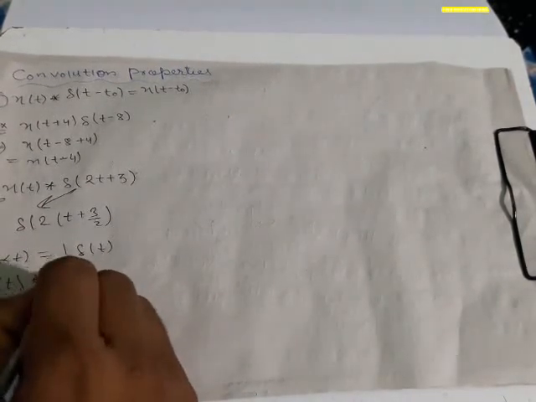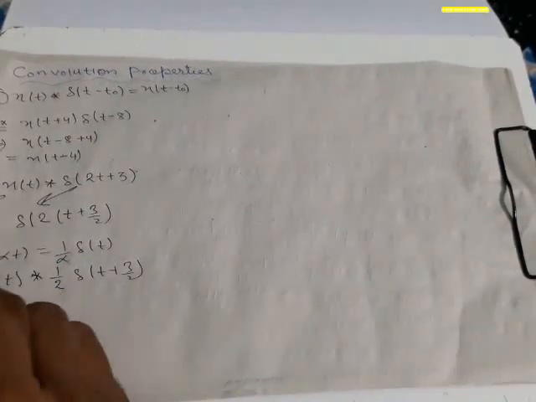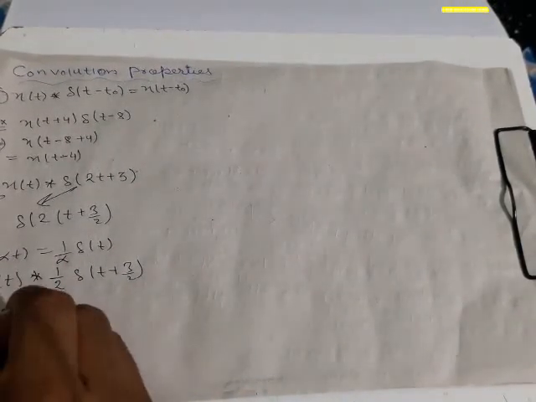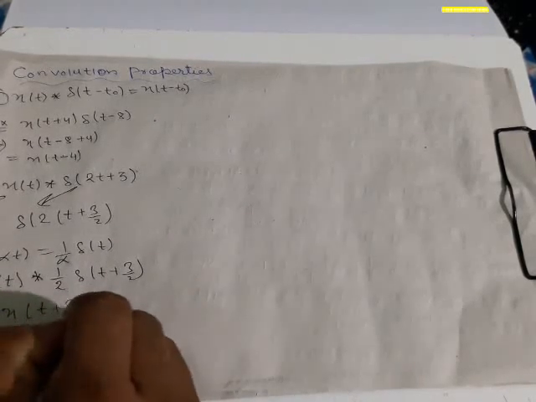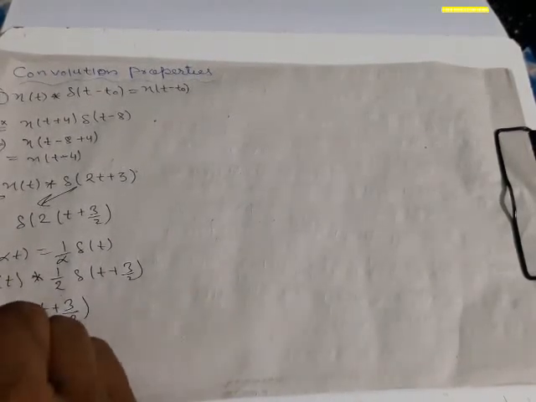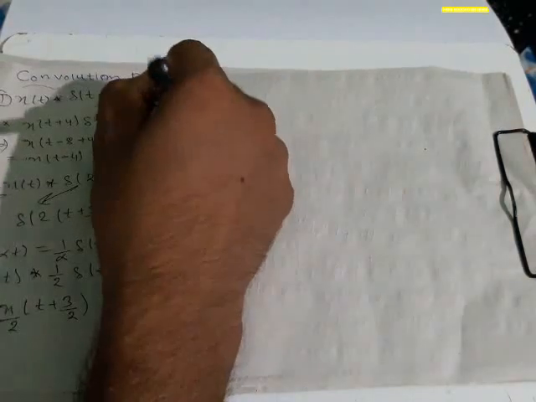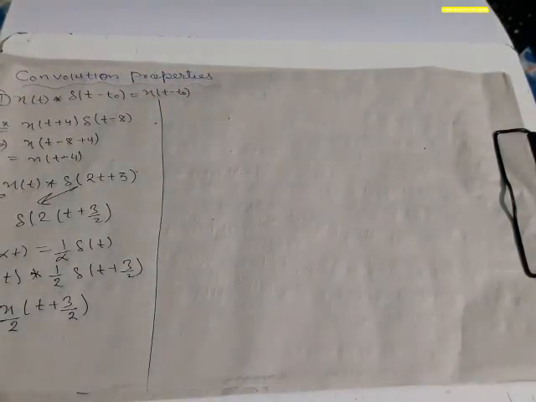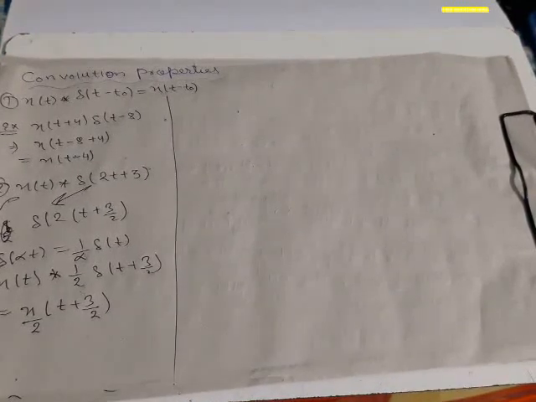We are given x(t) as 2 tri(t/4), a triangular function where 2 is the amplitude, convolved with delta(t - 2).